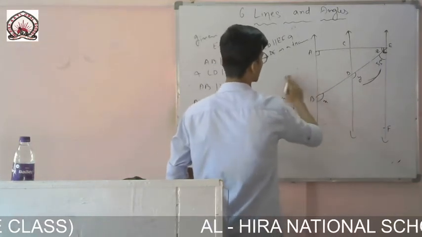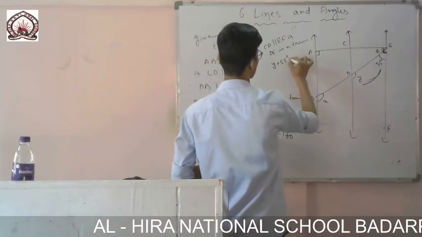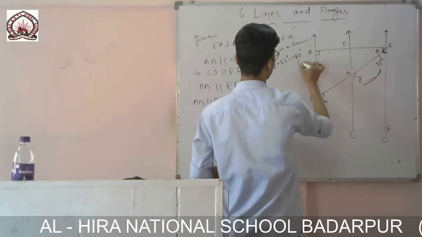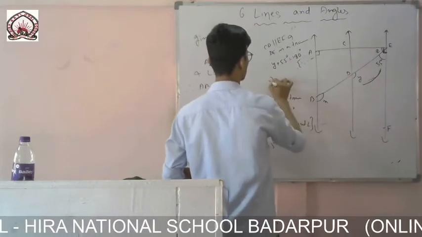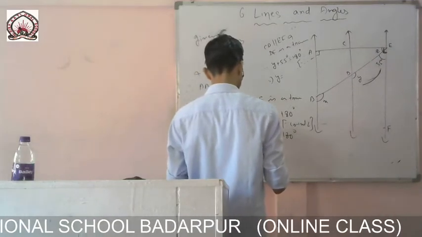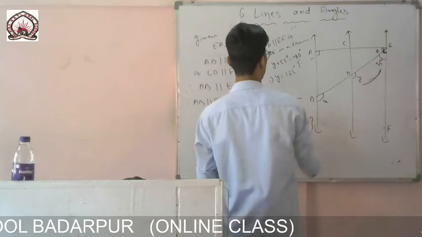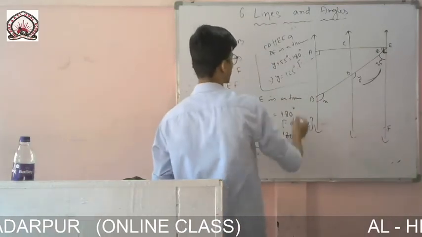So I can write, therefore, Y plus 55 degrees is equal to 180 degrees, and the reason will be again co-interior angles. So from there you will get the value of Y, which came to 125 degrees. So Y also we have got.